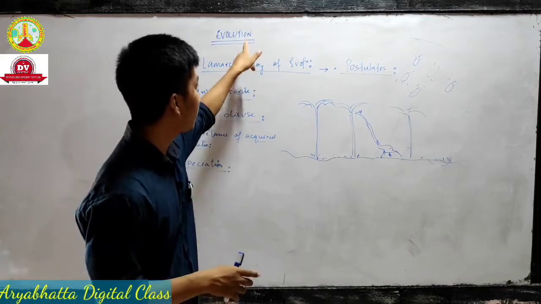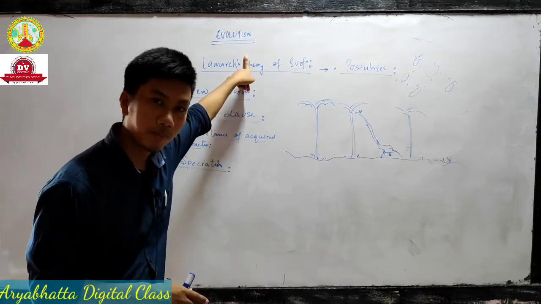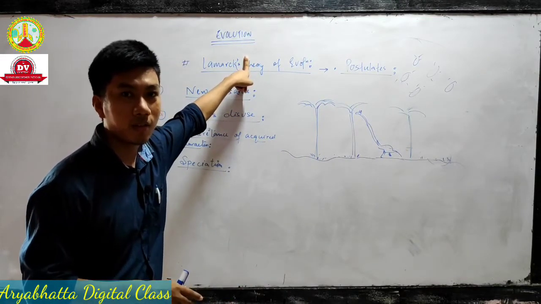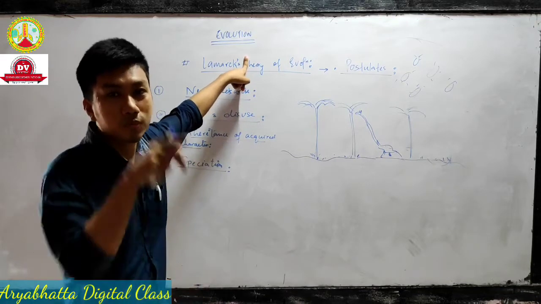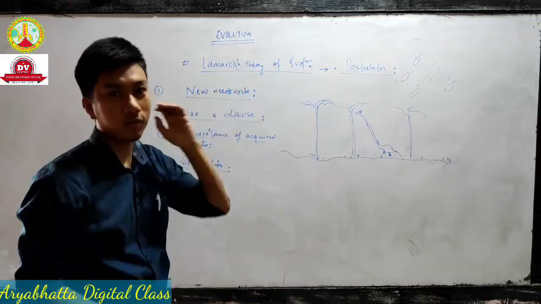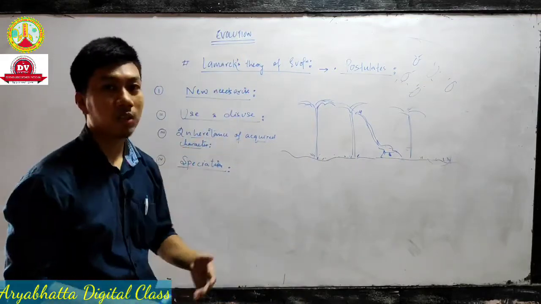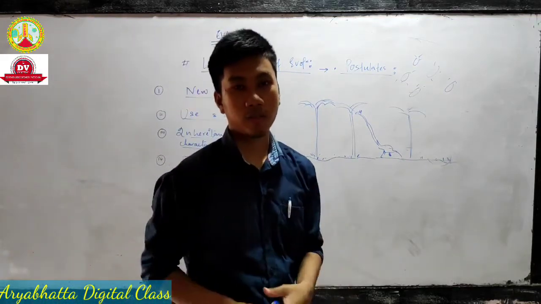And you know this chapter is a controversial chapter. Scientists are still working on it. It is not completely true, but still we follow Lamarck's theory and Darwin's theory, though they are controversial.